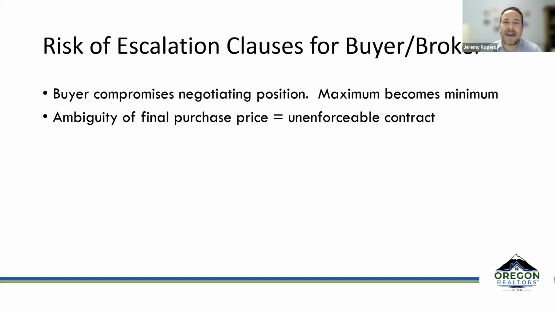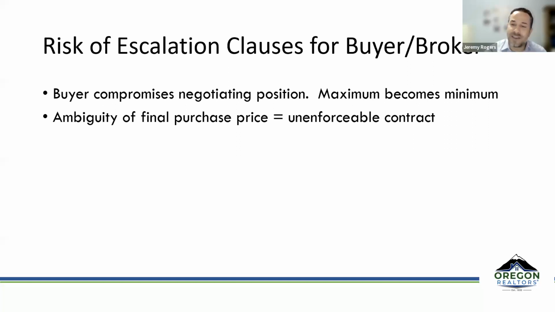The way that could play out is that if an escalation clause was included, but it wasn't specific enough, then the parties could have a different interpretation about what the price is. For example, if I put in an escalation clause saying that I am willing to pay $1,000 more than the highest offer, and the highest offer has an offer price, say $600,000, but it also includes seller concessions to buyer, where the seller is going to pay $1,000 or $2,000 of the buyer's closing costs, how does that factor in?